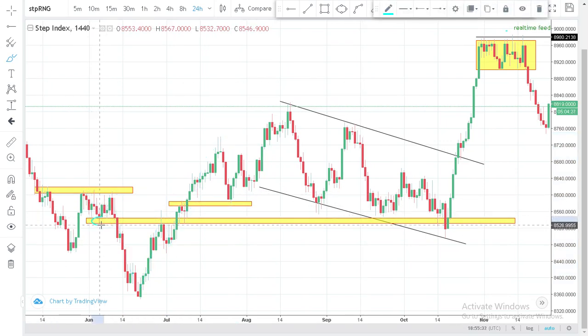So we're highlighting our neckline. Why would I highlight the neckline? A neckline is often used when you're trading patterns like double top, triple top, double bottom, or triple bottom.